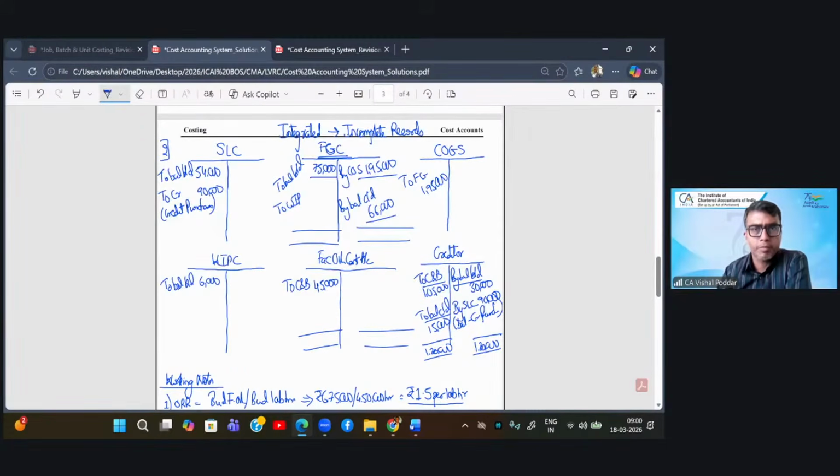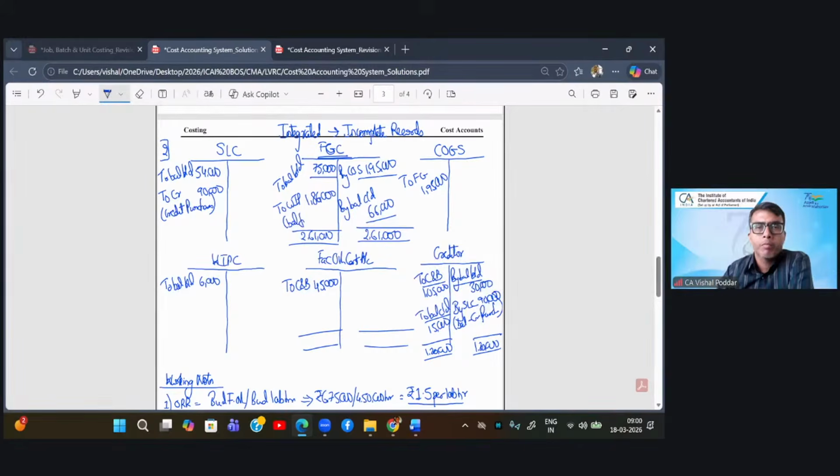That would be our balancing figure. So let us find out. So this total is 261. 261 minus 75 is 186.